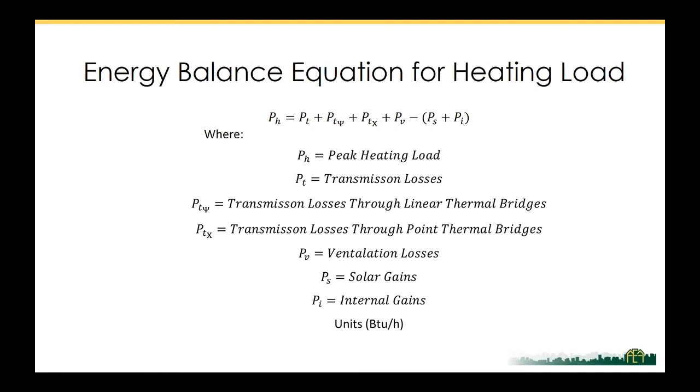And so these transmission losses through thermal bridges and point thermal bridges, Energy Pro 7, ASHRAE, and Manual J do not consider these. They're pretty small, so you could consider it negligible, but what I really like about the Passive House is that it's very specific and it's very detail oriented. And so you can really size this unit, really dial in the sizing.